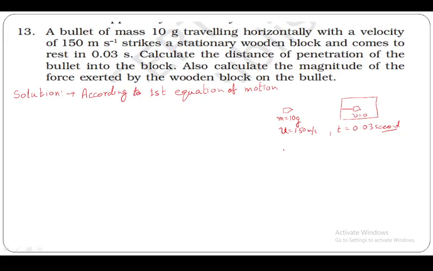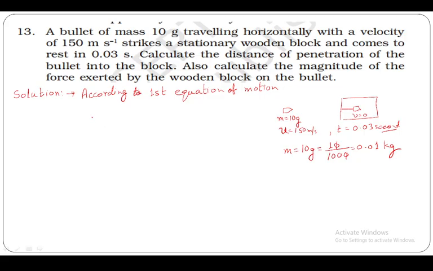The mass is 10 gram. If we change it into kilogram, that is 10 by 1000, which is 0.01 kilogram. That is the mass of the object. Now we will find the acceleration here.